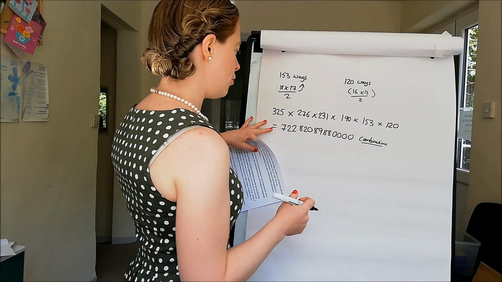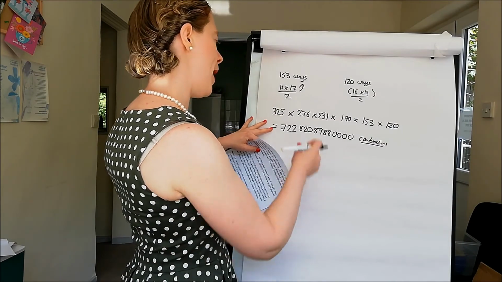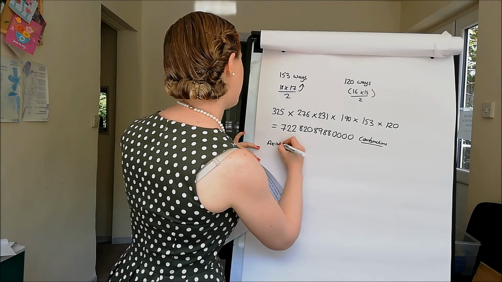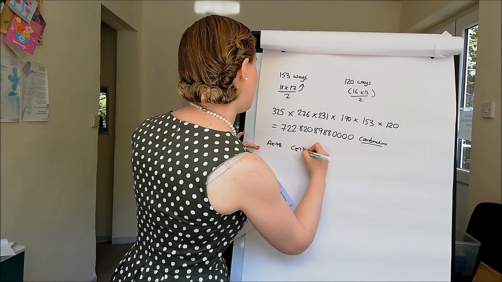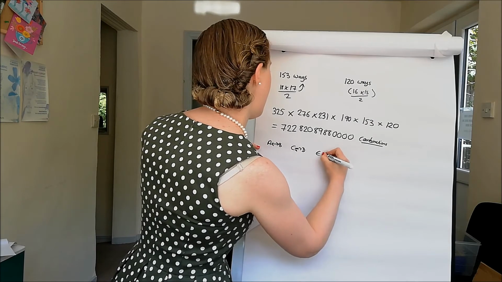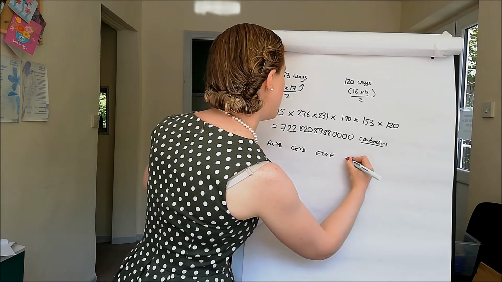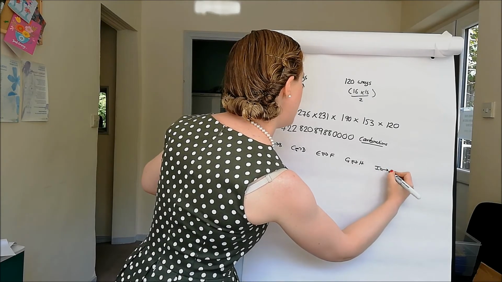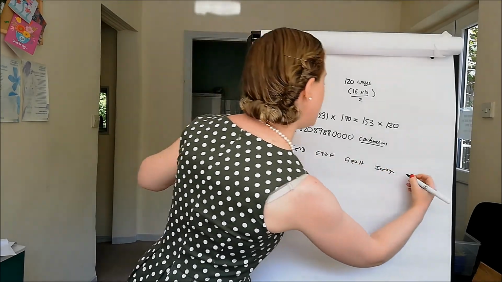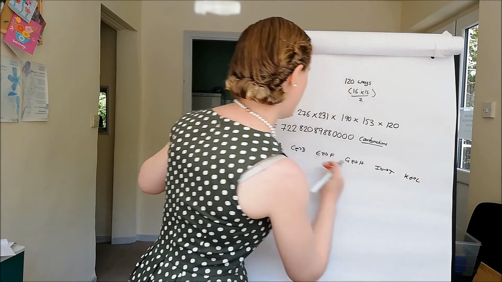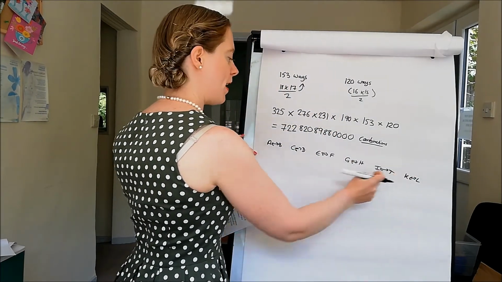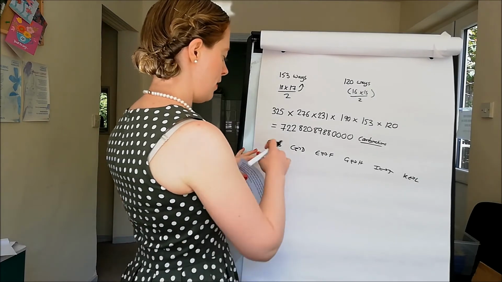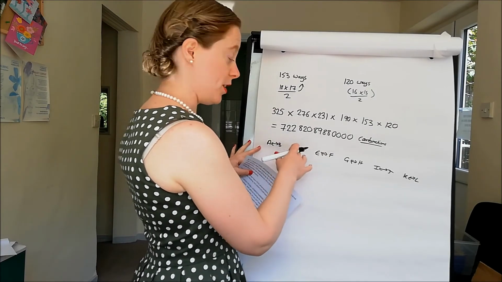However, it doesn't matter what order the pairs were actually swapped in. So if we swapped A and B, and we swapped C and D, and we swapped E and F, and we swapped G and H, and I and J, 1, 2, 3, 4, 5, and we swapped K and L. So if 6 pairs changed positions, it doesn't matter what order they're written in.